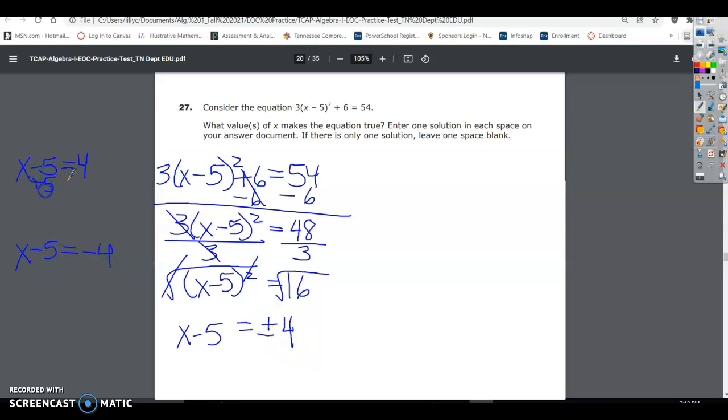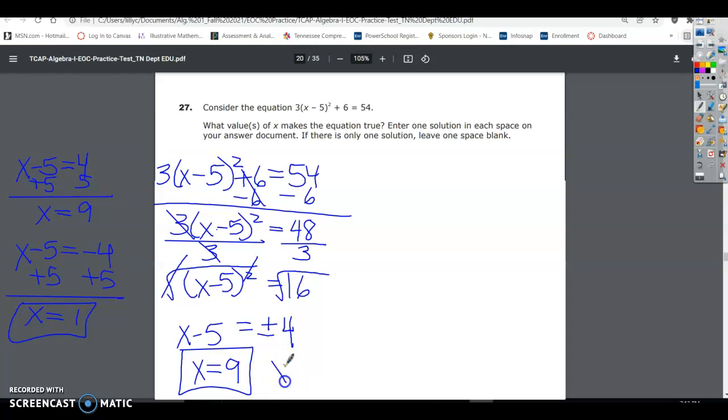Add 5. So x equals 9, that's one solution. And negative 4 plus 5 is 1, so that's our second solution, x equals 1.